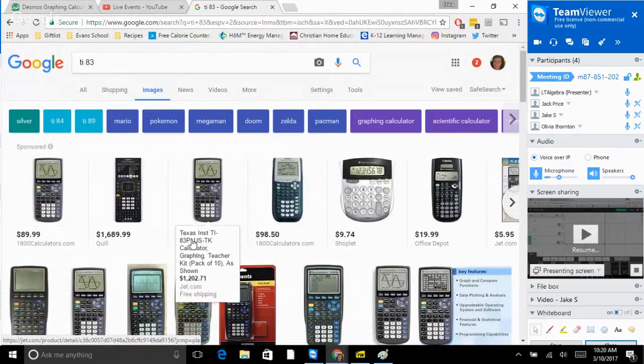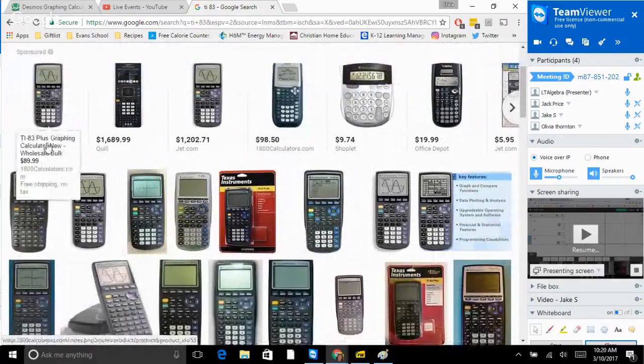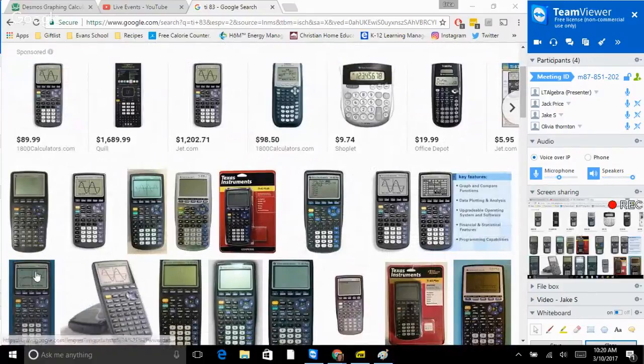They are fairly expensive though, around 90 bucks for a graphing calculator. Yes, this is what a TI calculator looks like. TI stands for Texas Instruments. It's got all this functionality, and you're able to graph different functions on the screen. That's what makes it expensive versus a standard scientific calculator.